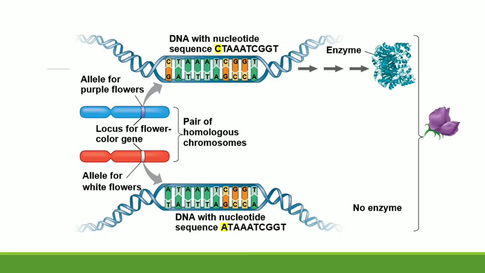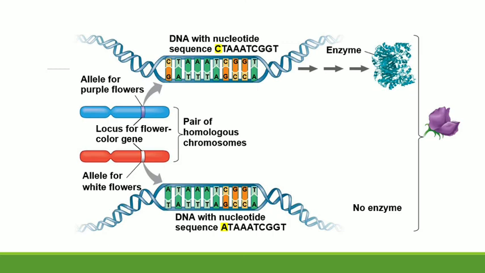Okay, so one more time, the two homologous chromosomes you inherit from each parent, and you have 23 sets of homologous chromosomes that you inherit. Each pair of homologous chromosomes carries the same genes on them, but the versions of them are different.